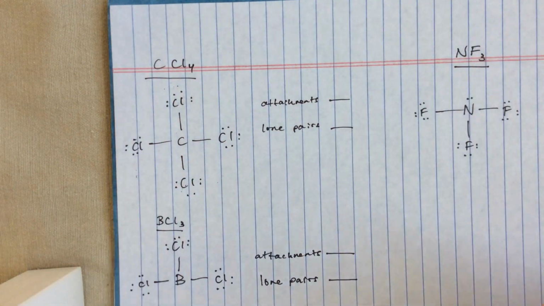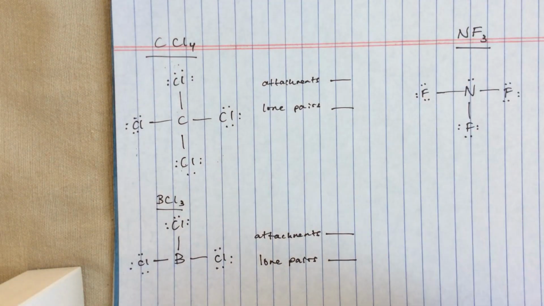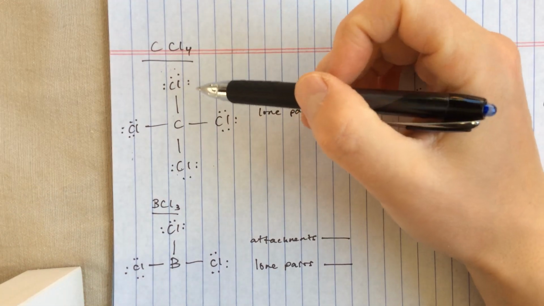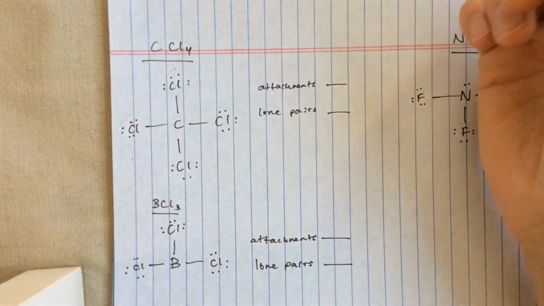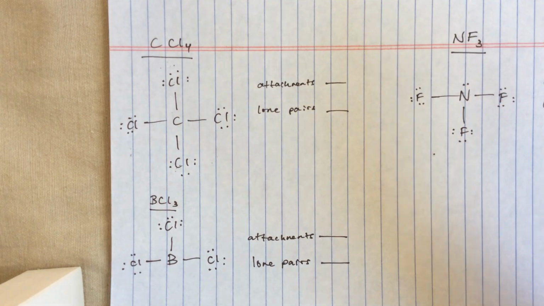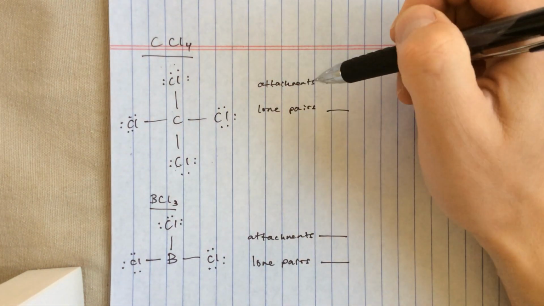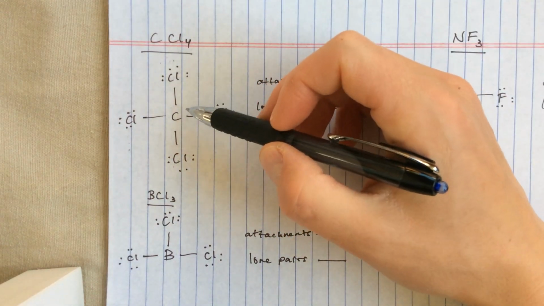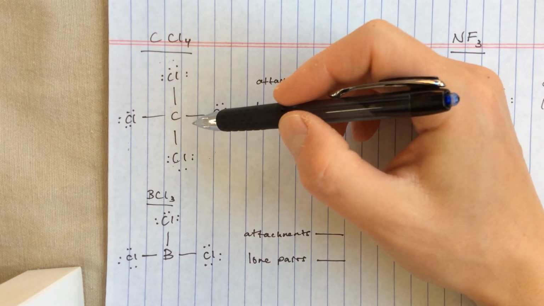I drew these ahead of time so we could do the examples together. In your problems you'll have to draw these first and then decide; I just drew them to save time in the video. You draw the structural formula, then look at the central atom.